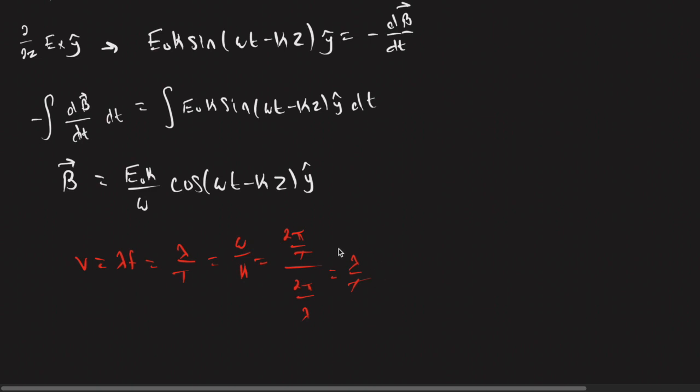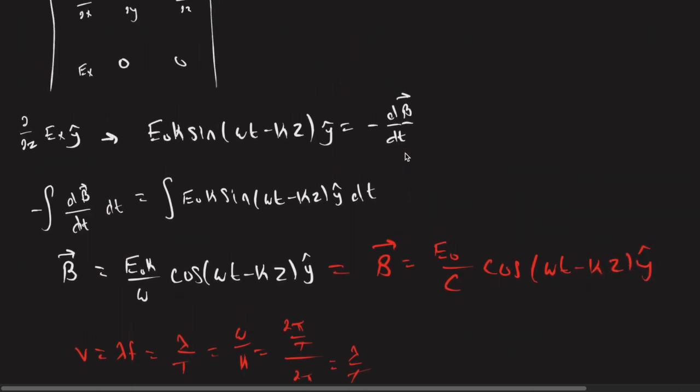So we're going to get that B is equal to E naught over v. Well, we found out that v is c, cosine of omega t minus k z, in the y hat direction. So let me write this up here.